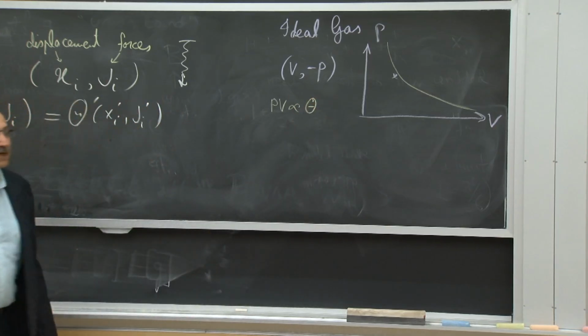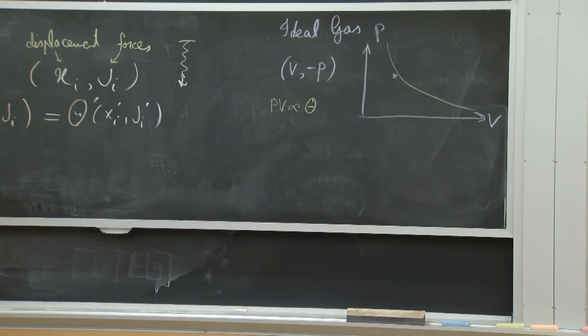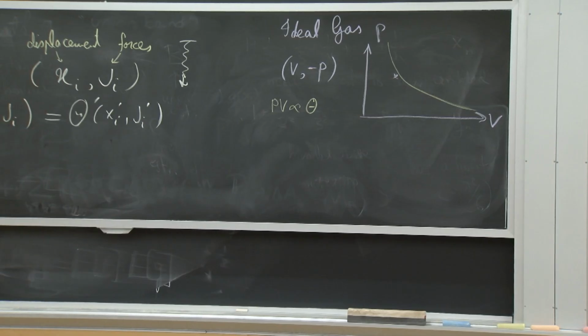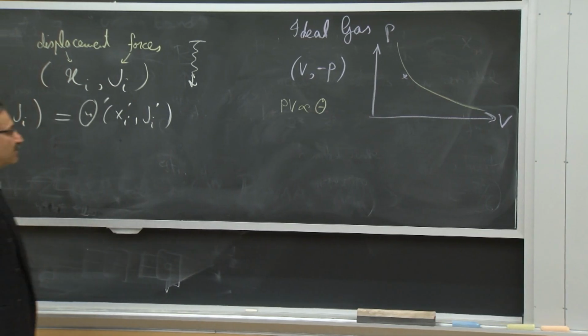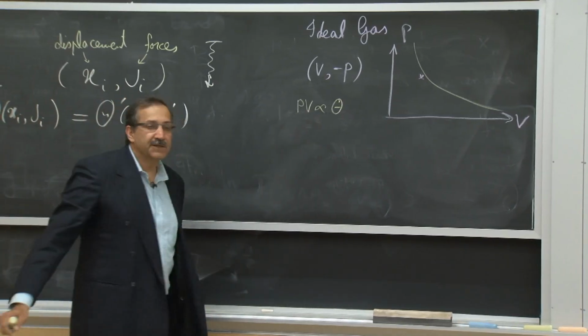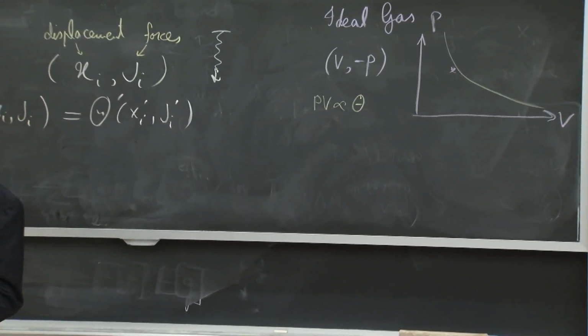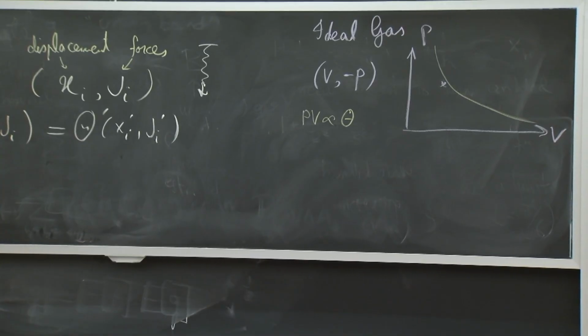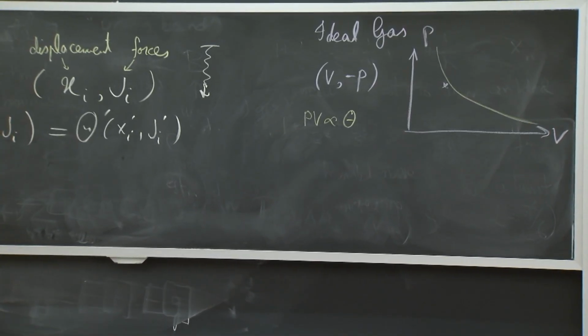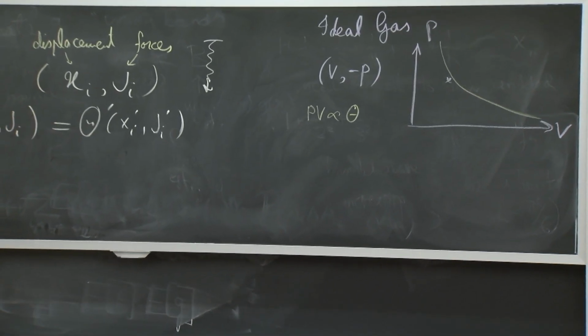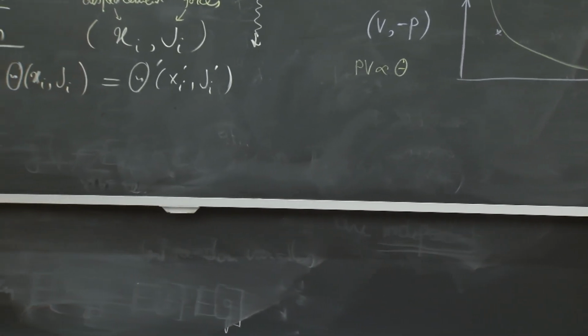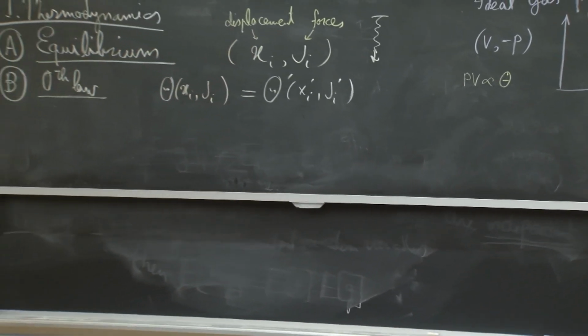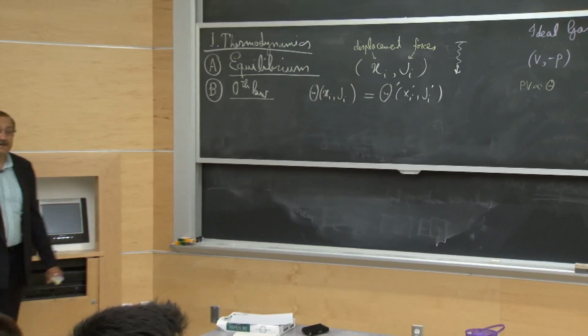We can call that theta. We can use that even to define the ideal gas temperature scale, provided that we choose some proportionality coefficient, which was selected so that the temperature of water, ice, steam coexistent had a particular value. Okay, so that's a specific property of the ideal gas as far as its temperature is concerned.